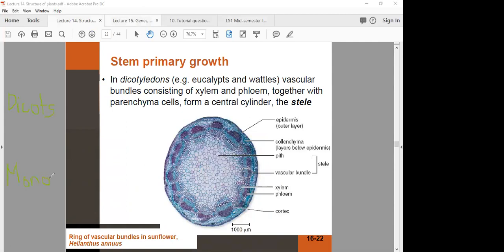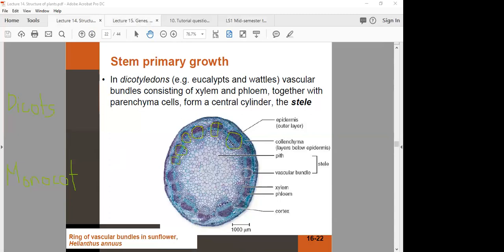And there's a set of characteristics that goes with dicots and monocots, which we won't go into today, apart from one characteristic. All right, so here we're looking at a cross-section of a stem from a dicotyledon, from a dicot. And within this section, we can see vascular bundles consisting of vascular tissue. There's one, there's another one, and within each of these vascular bundles, we find both xylem and phloem.